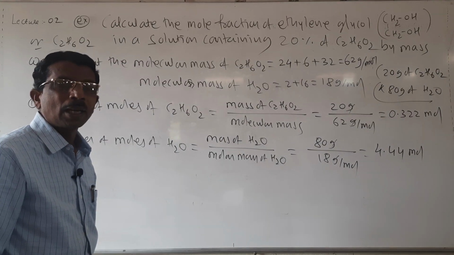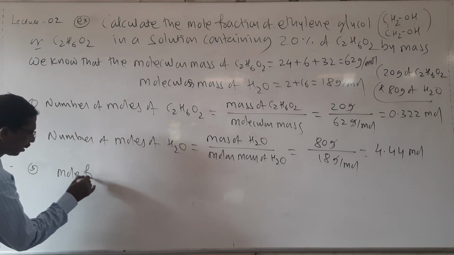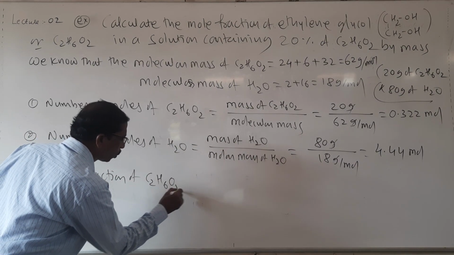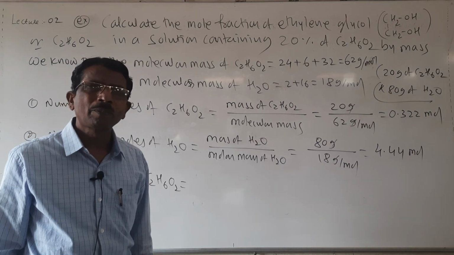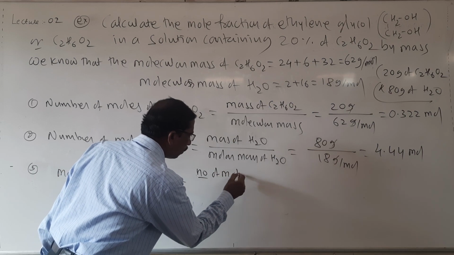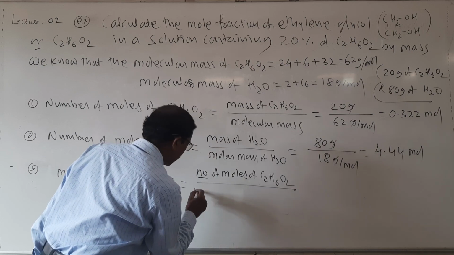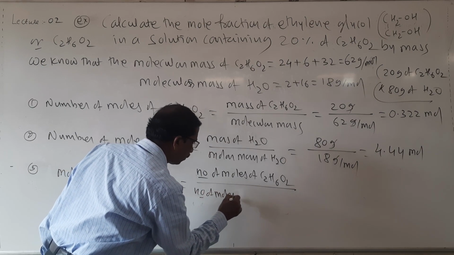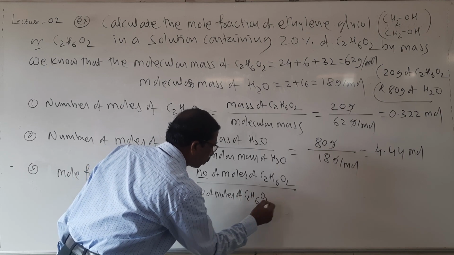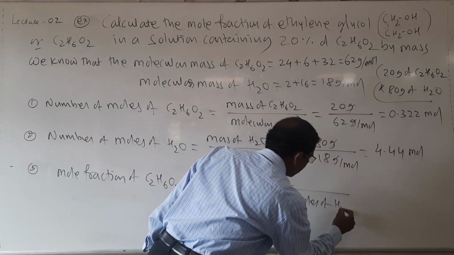Then the last step: mole fraction of ethylene glycol, C2H6O2, is equal to, what is the formula? Number of moles of ethylene glycol divided by number of moles of C2H6O2 plus number of moles of H2O.